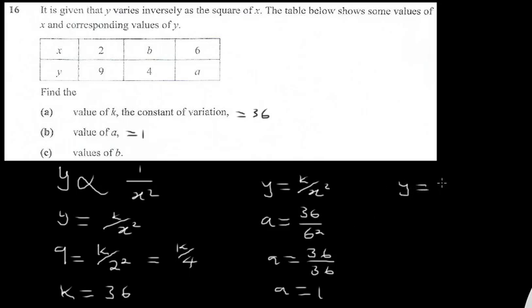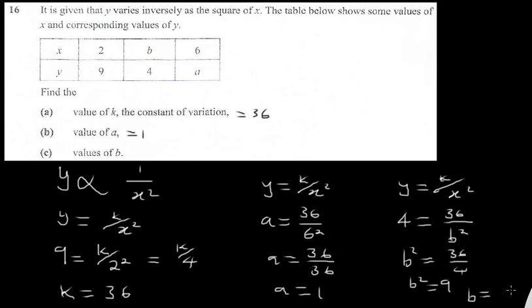And the last part is asking us to find the value of b. And we go by the same, we have y equals k over x squared. And where there's y, we have 4, going by the table. And where there's k, we have 36. And where we have x, we'll have b squared. So then we'd have b squared equals 36 over 4. So b squared equals 9.